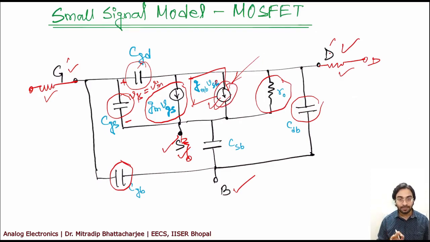If people say that there is no substrate biasing, you can ignore it from the circuit. That is not a problem. But for the sake of completeness, we should put this term into the circuit, so that just in case you find that a substrate biasing is applied, you have it in your mind that there is another extra current source in the small signal model.